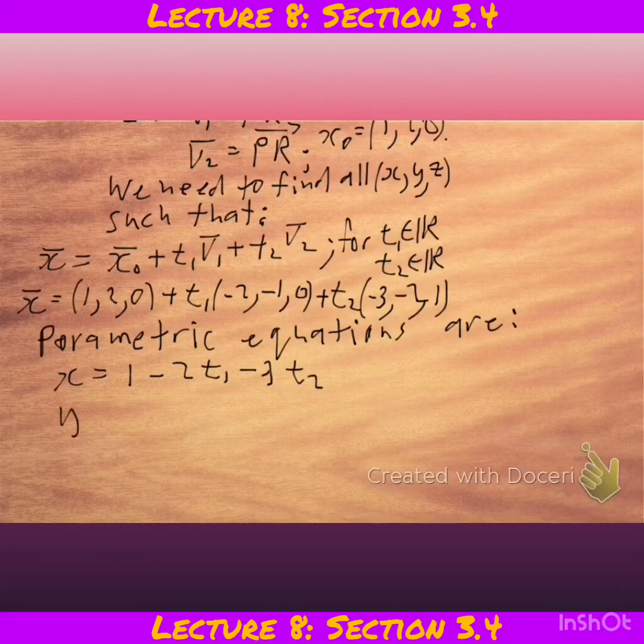Your y component is going to be 2 minus t1 minus 2t2, and your z component is going to be basically t2. So those are the parametric equations of your plane that contains the three mentioned points.